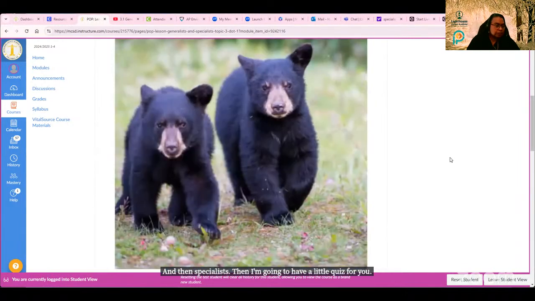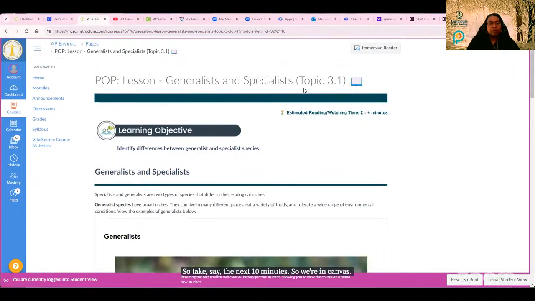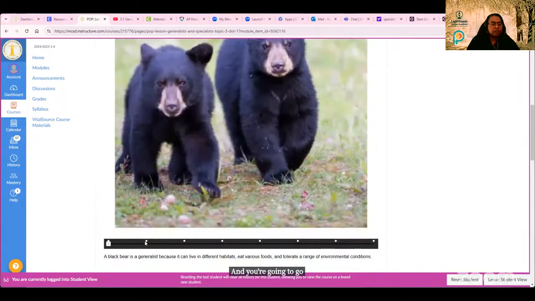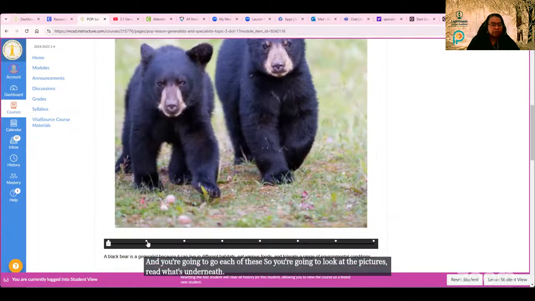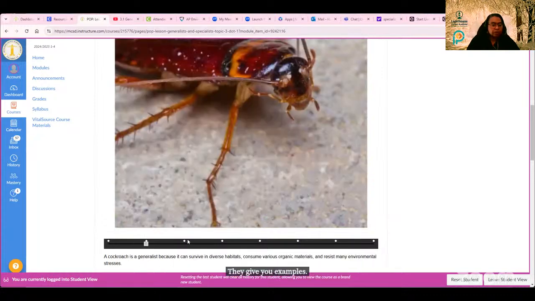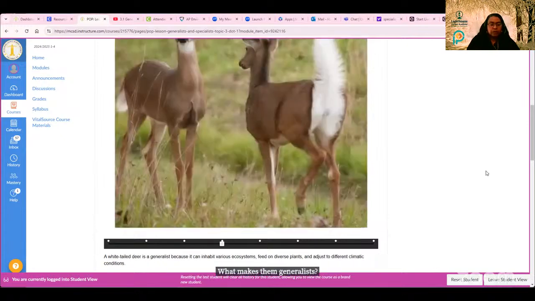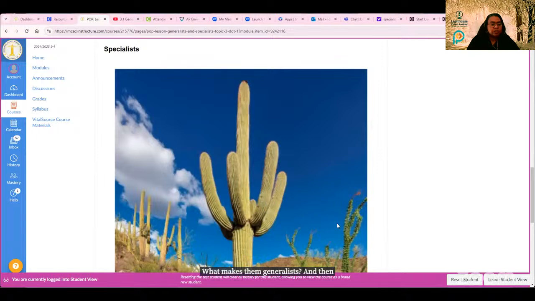So take, let's see, the next 10 minutes. We're in Canvas, in topic 3.1, generalists versus specialists, and you're going to go through each of these. Look at the pictures and read what's underneath. They give you examples, talk about why they're generalists and what makes them generalists, and then do the same thing with the specialists.